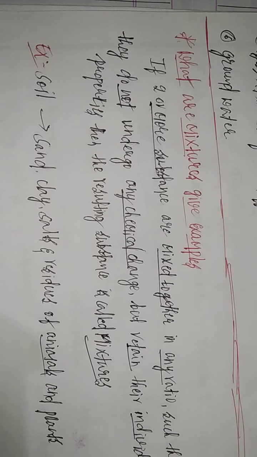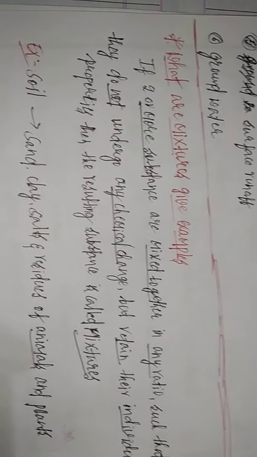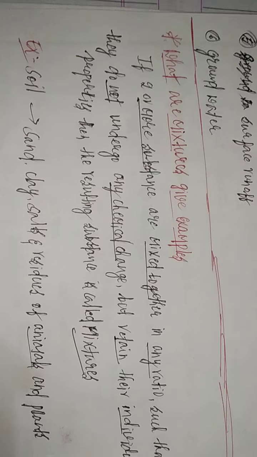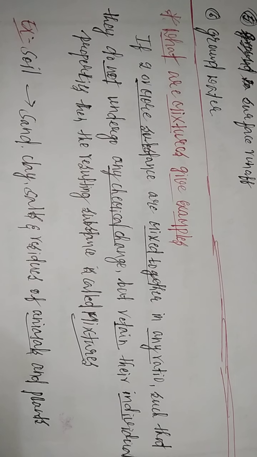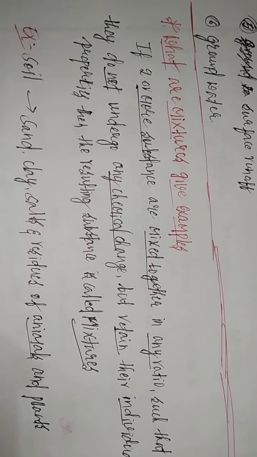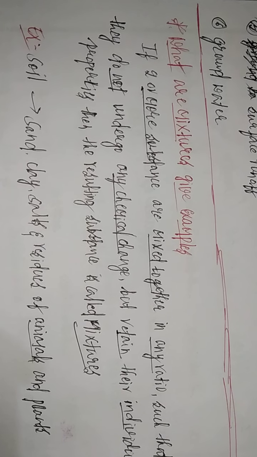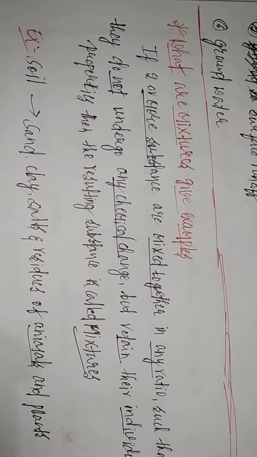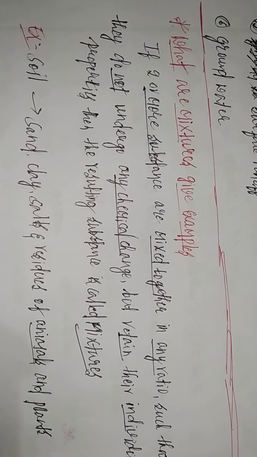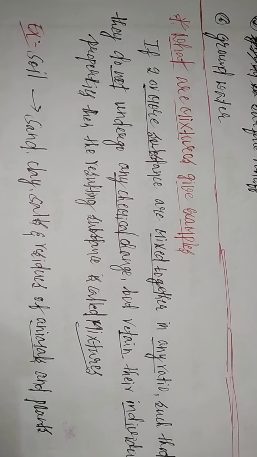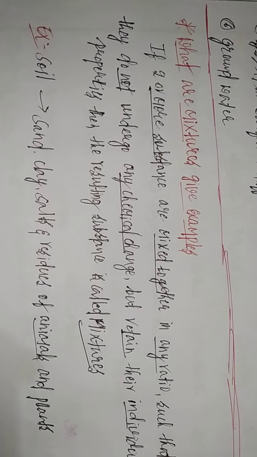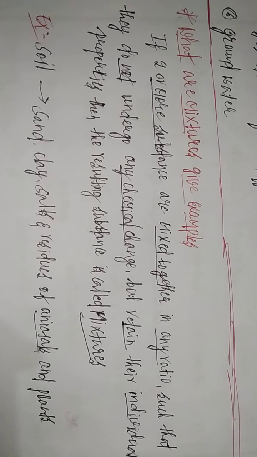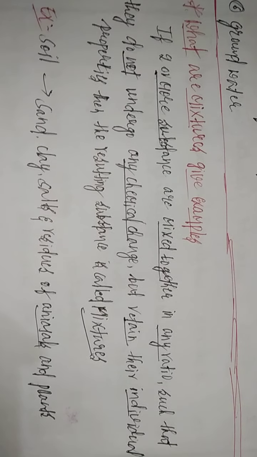We see many mixtures in our daily life. So what are mixtures? Give examples. In compounds, two or more elements are mixed in a specific ratio, but in the case of mixtures, two or more substances are mixed together in any ratio such that they do not undergo any chemical change, but retain their individual properties.